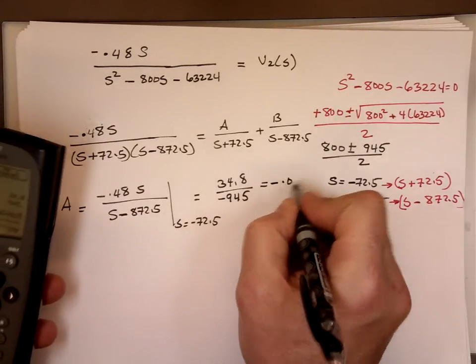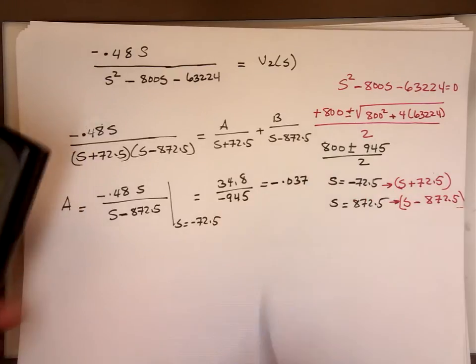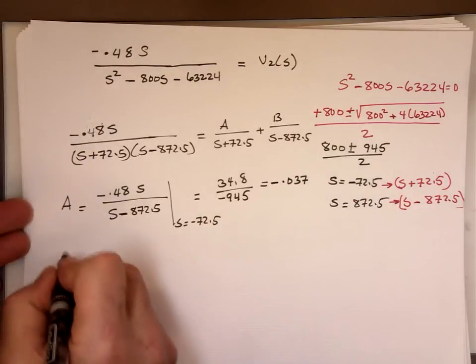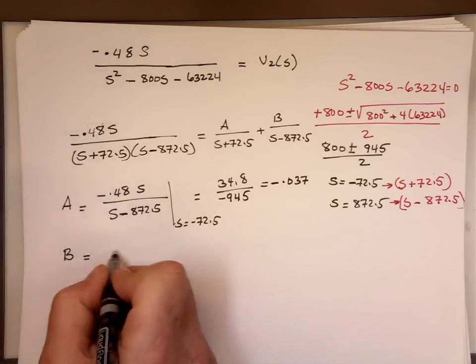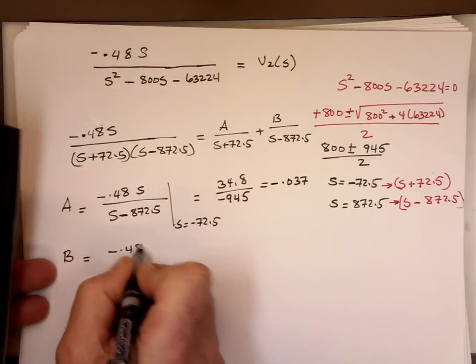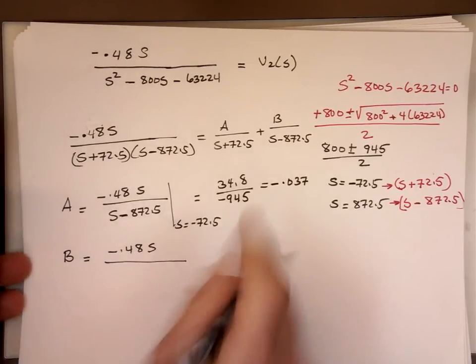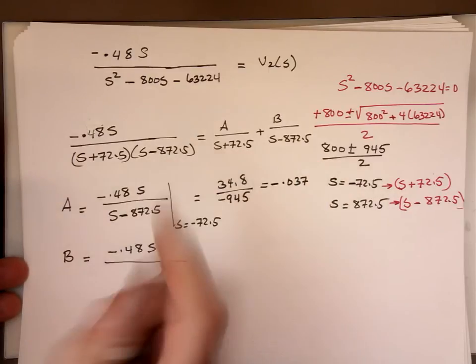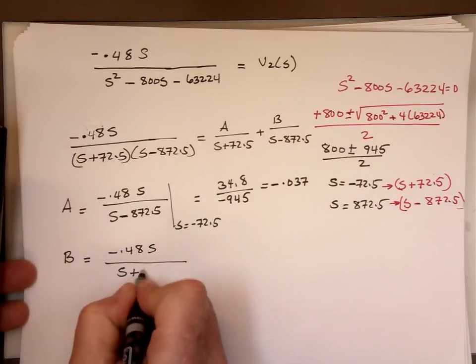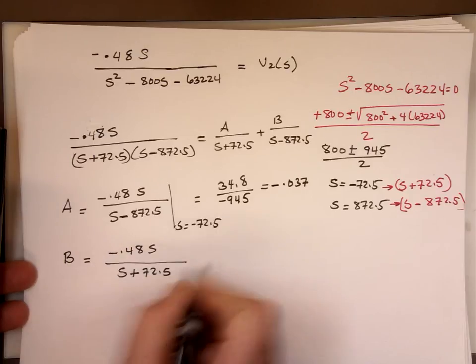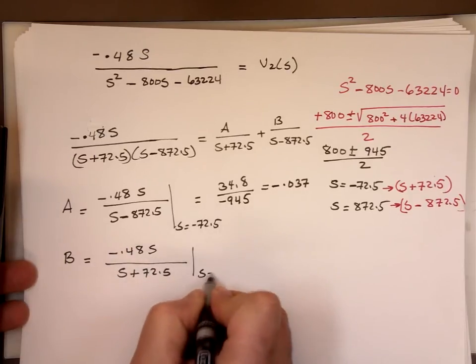And B is going to be sitting on top of S minus 872.5, so it'll be S plus 72.5, and you're going to find the value when S equals positive 872.5.